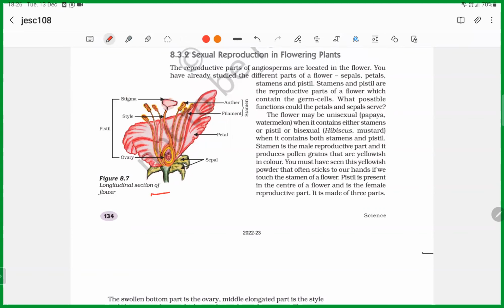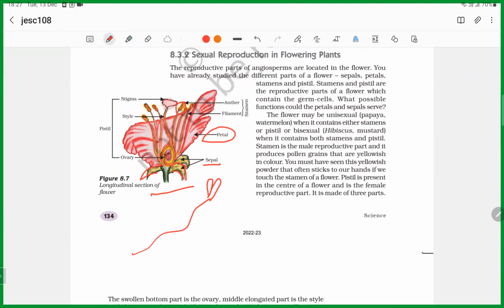Look into the structure of the flower. What it possesses: sepal, the green leaf-like structure called sepal. Then the colorful region called petals, and then androecium. You can see the anther and the filament.